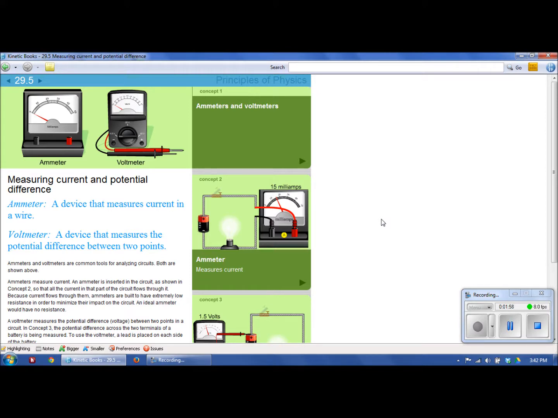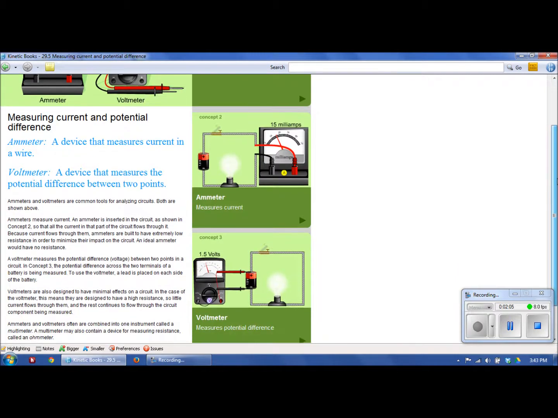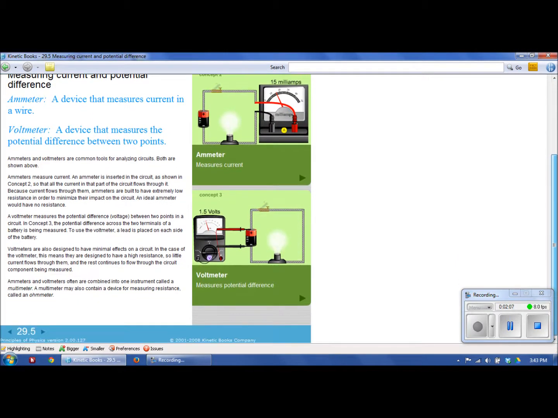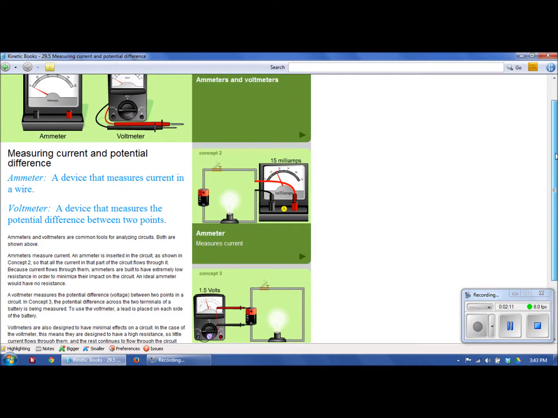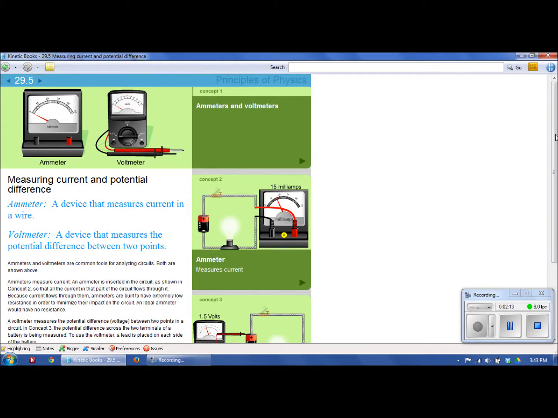You used a voltmeter in the electric fields lab to measure some of the potential differences there. But so a voltmeter measures voltage across an element, or change in potential, sometimes called potential difference, and an ammeter measures current through it. So now here's a short video about the internal resistance of a battery.